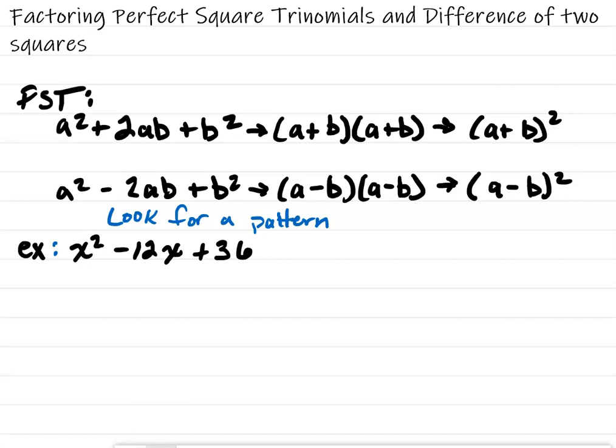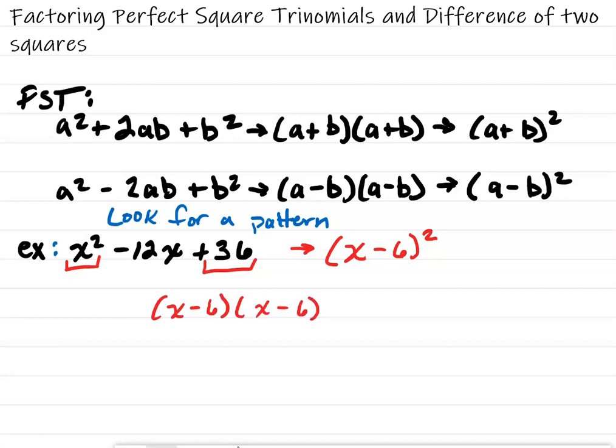So we are looking at our first term, which is a perfect square because it's x times x, and we are looking at our last term, which is also a perfect square, which would be 6 times 6, factored out as x minus 6 squared. And then you always have to make sure that you check it. So x minus 6 times x minus 6.